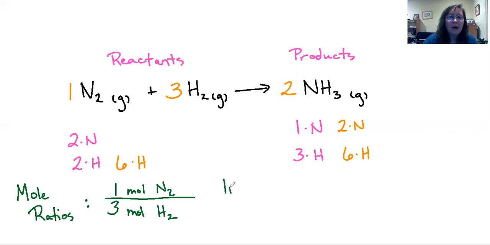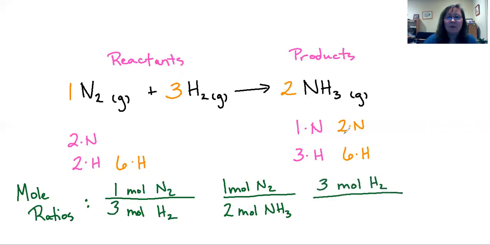And that 1 mole of nitrogen to 2 moles of ammonia. Okay, and then the last mole ratio that we could make here is 3 moles of hydrogen to 2 moles of ammonia.